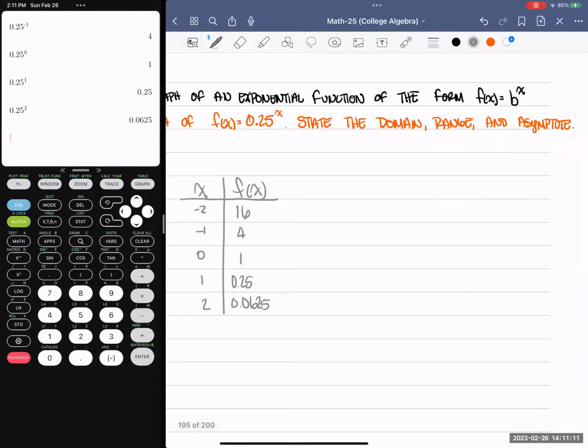And now let's try to graph these. So when x is -2, y is 16. Let's try to conserve room, so we'll say 4, 8, 12, 16, 20.